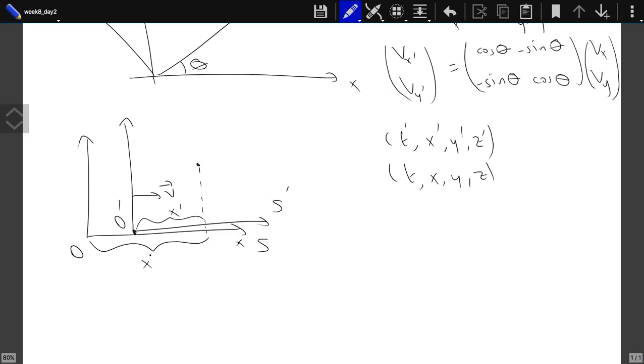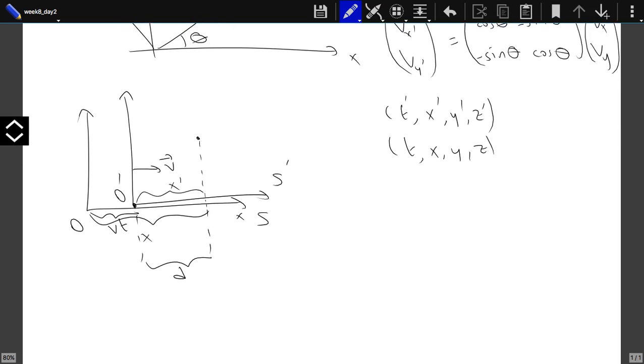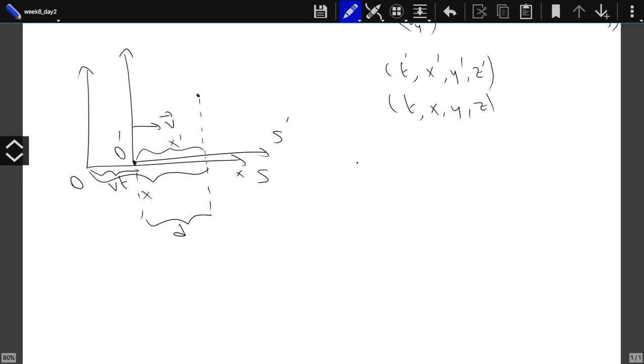And so this distance over here, measured in the S reference frame, is just V times T. Now let me also call this distance measured in the S reference frame as D. So D is this distance measured in the S reference frame. And x prime is this distance measured in the S prime reference frame. So you see, x is simply vt plus d.